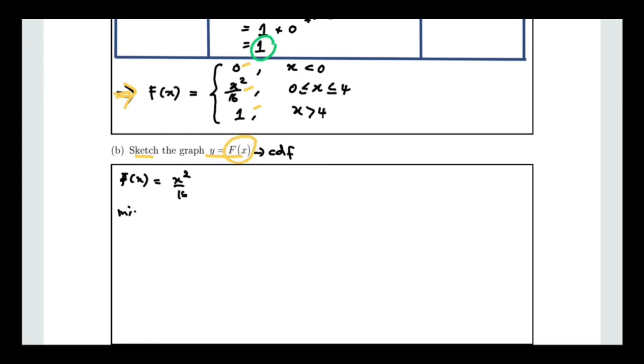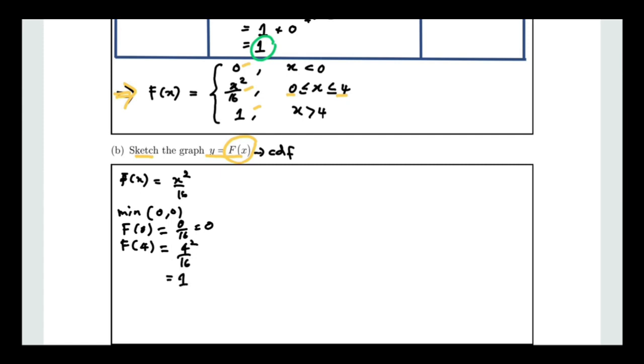The minimum here should be 0, 0. Since the interval varies from 0 until 4, we're going to find these two values: F of 0 and also F of 4. So F of 0 is 0 over 16, which equals 0. This is the minimum point. And F of 4 equals 4 squared over 16, which gives you 1.